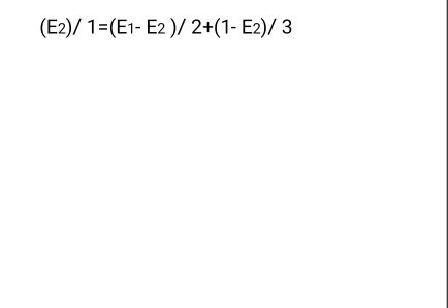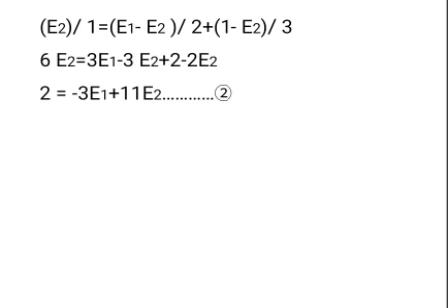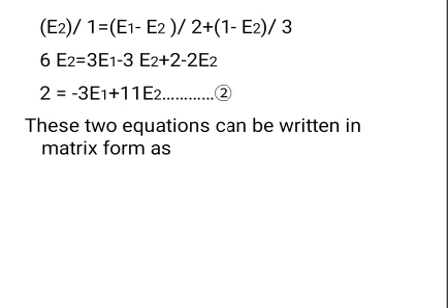Therefore, E2 divided by 1 equals E1 minus E2 divided by 2 plus 1 minus E2 divided by 3. By solving, you will get 2 equals minus 3E1 plus 11E2. Say this is equation 2.